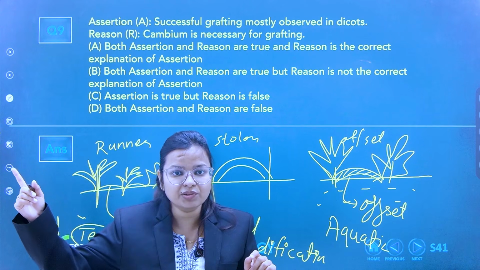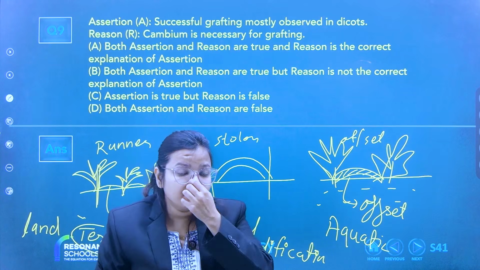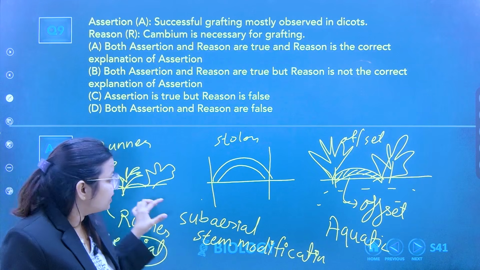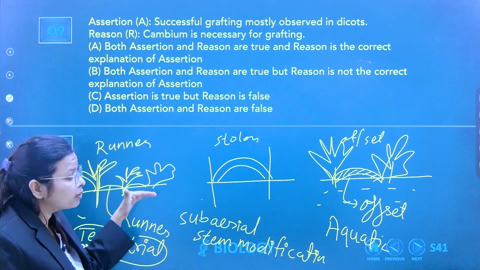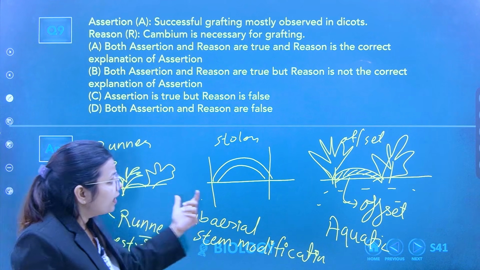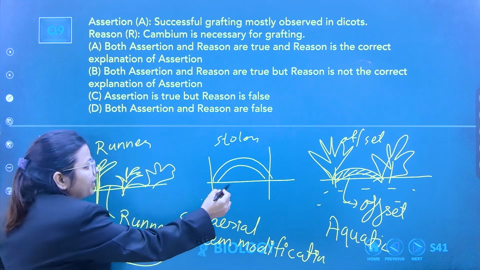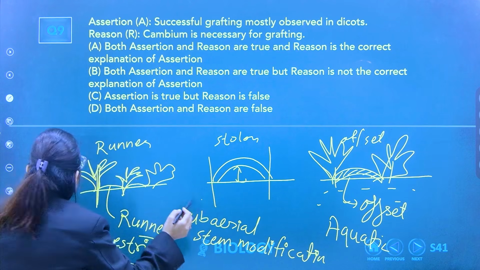A normal stem you see out there, a stem and a tree. But here it is modified because it is subaerial. It is not in the air or so far above the ground; it is just over the ground. So what is the difference? Runner and offset are just over the ground, and what is stolon? It is forming an arch. I think I should make it bigger.